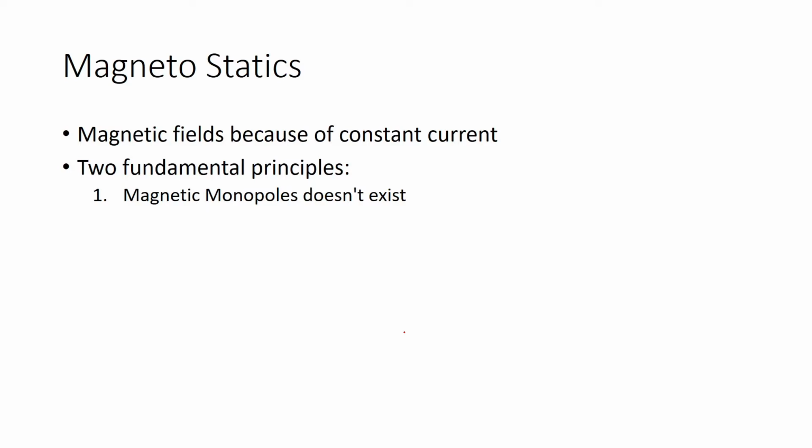The first one is that magnetic monopoles do not exist. That is, the number of magnetic poles on any body will always be an even number. If there are n north poles, there will be n south poles in any volume.